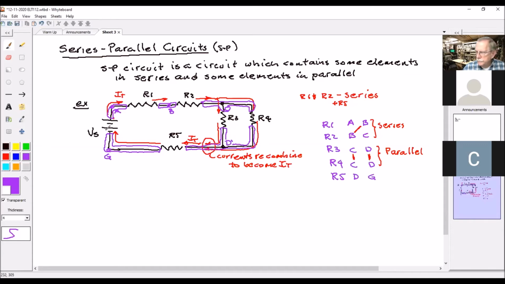The only question that I was gonna have is, would you just have R5 noted as D because you were not supposed to mark it as ground? Right, if I was talking about voltages, I might talk about VAB, VBC, VCD, because they're in parallel, two of them would be the same, and then VD as the second subscript not being written, because it's defined to be ground if there's no second subscript.